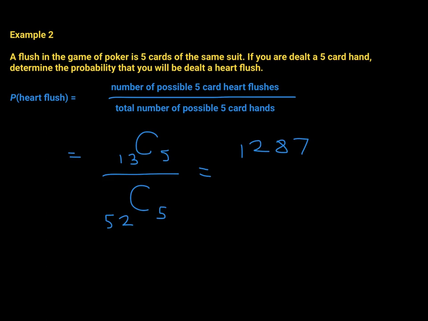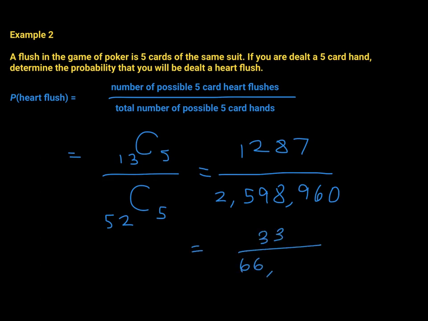It's pretty astounding. In the denominator, the total number of possible 5-card hands, watch this, 2,598,960. So this quotient here is 33 over 66,640.